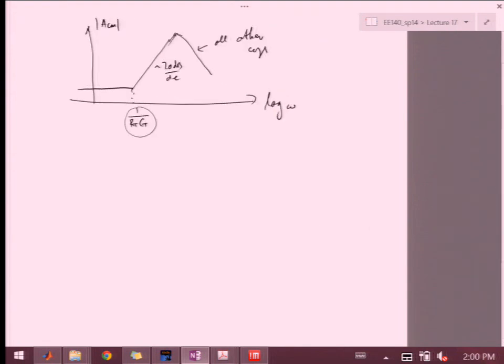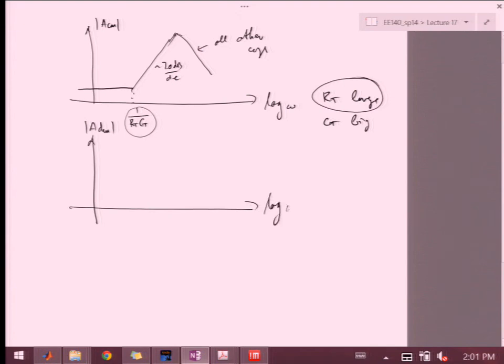Well, we said CT is actually pretty large, much larger than CGS and CGD and all these other caps. And RT is also pretty large, right? RT, we wanted to make it pretty large because that's the output resistance of our source, right? So this is actually relatively low. And if you look at the ADM, which is the differential, that one will have something like this.